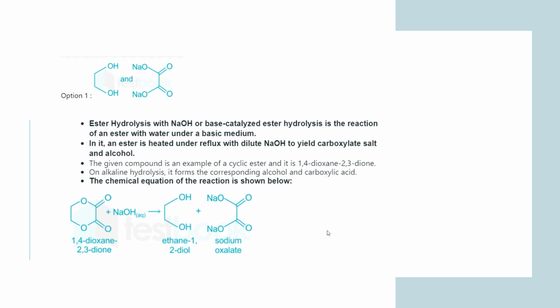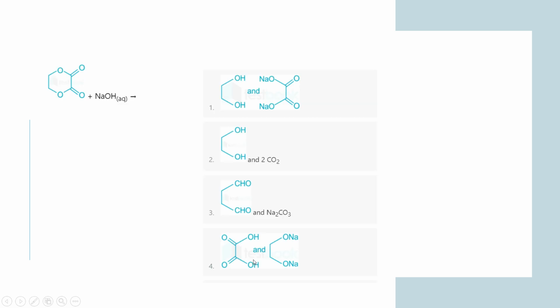Thus, for this question, you will get a diol first, and the carboxylate ions will be there in the medium as sodium oxalate. Okay, because the carboxylate ions will be there with the counter cation sodium. So until you work up the reaction, in this particular question you will get ethane 1,2 diol and sodium oxalate.